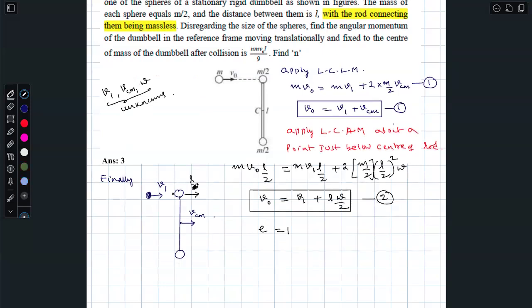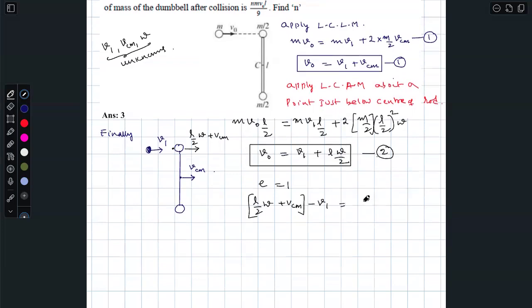It is L by 2 omega plus vcm. So L by 2 omega plus vcm minus v1 is the relative velocity of separation. The relative velocity of approach is v0 minus 0. So you have another equation.